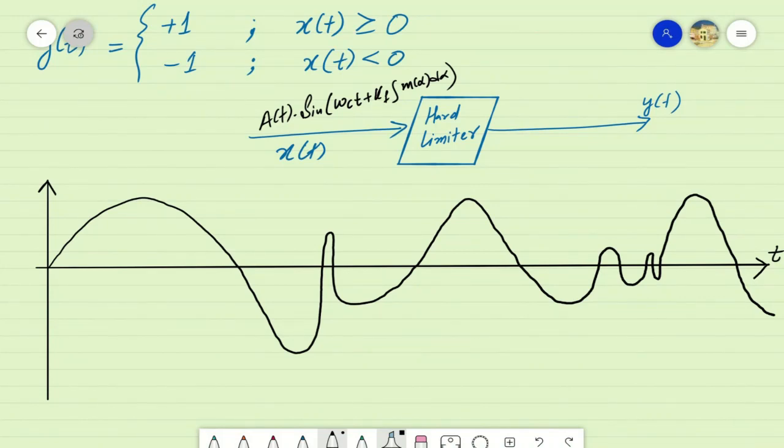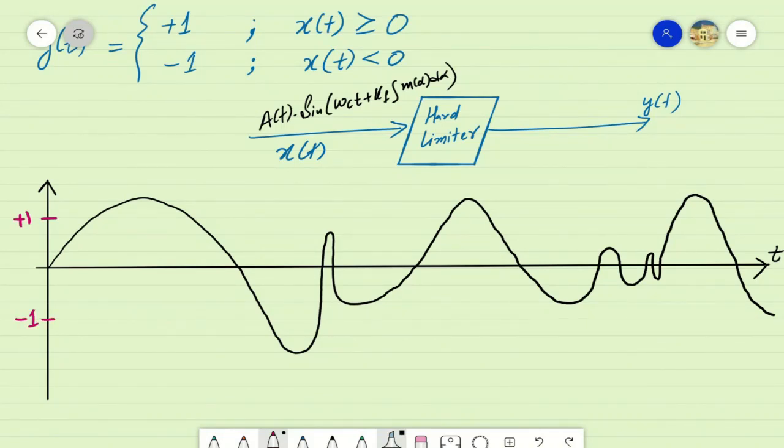That is, we want to force the peak amplitude of this signal to a certain constant number while keeping intact the variations in instantaneous phase of this signal. After passing this signal through a hard limiter, we will force this signal's amplitude to two fixed predefined amplitude levels, that is, for this case, +1 and -1.